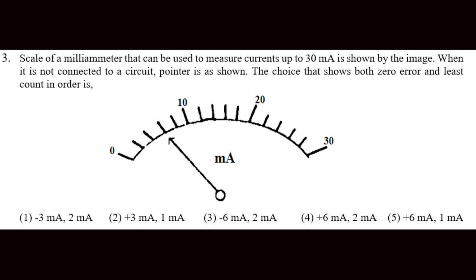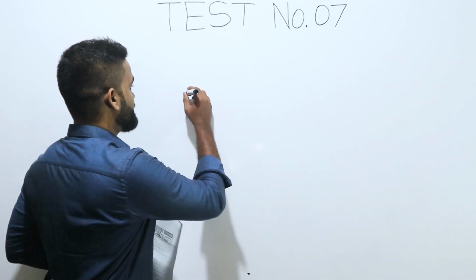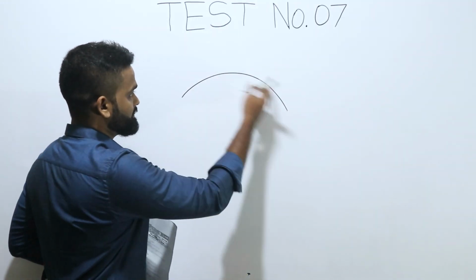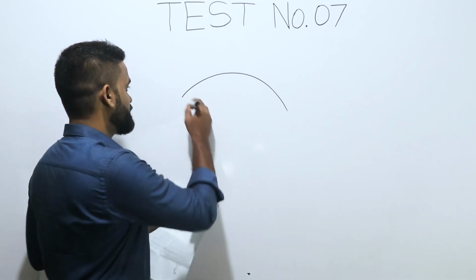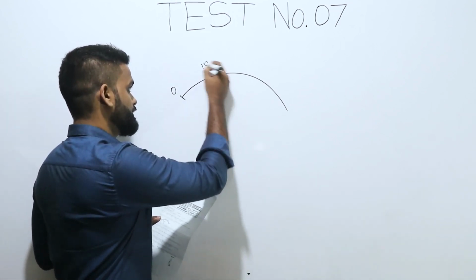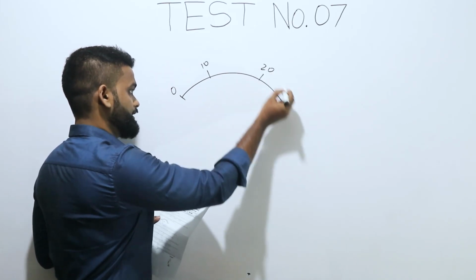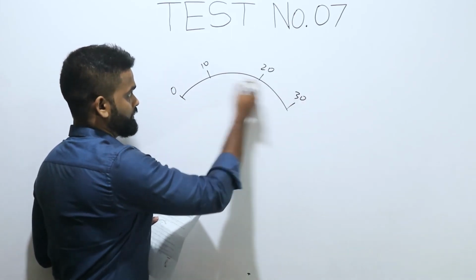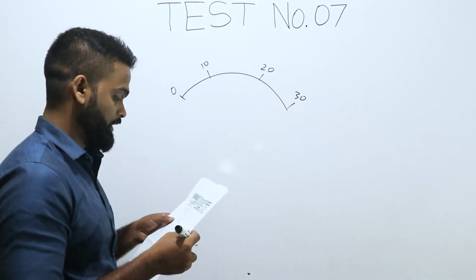The choice that shows both zero error and least count in order is... So we have this scale here. This is the scale of a milliammeter. Value here 0. Then we have 10, 20, then 30.